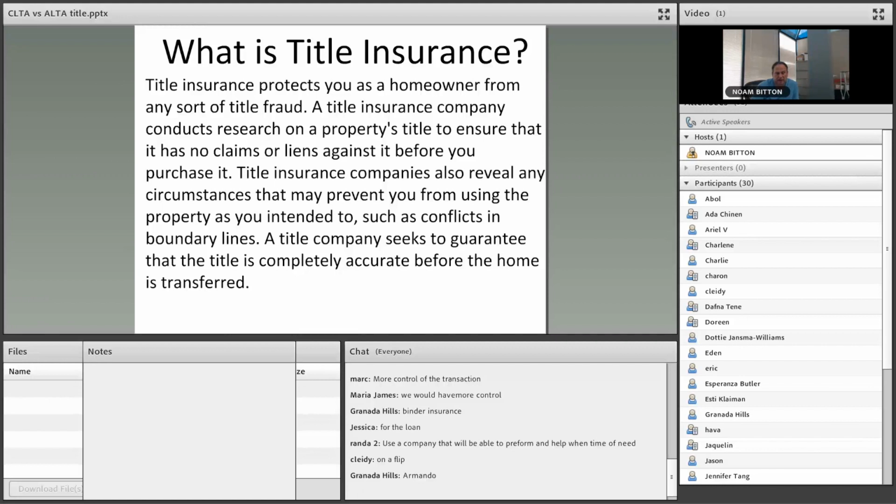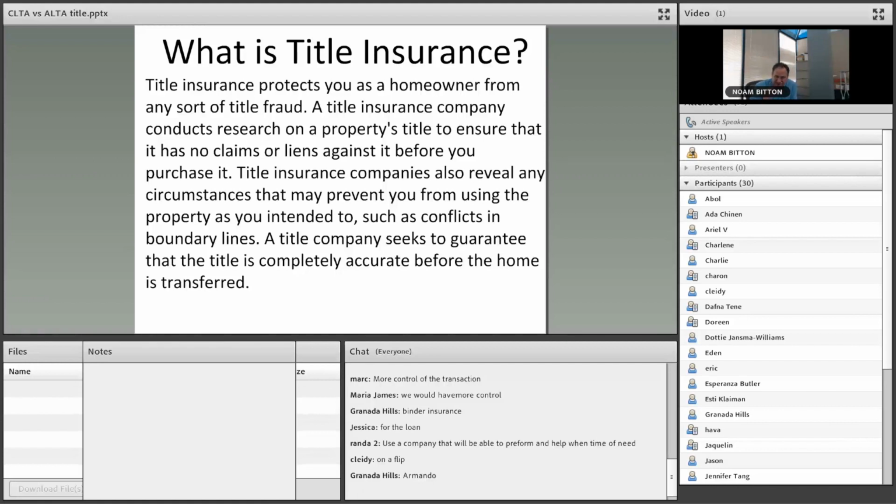Sometimes, for those of you who've been around in the business, you know that we have issues coming up on property. Sometimes we have clouds, sometimes we have some lien that was not cleaned before. Title company will clean this, and the moment the property is closed, the title will be insured.